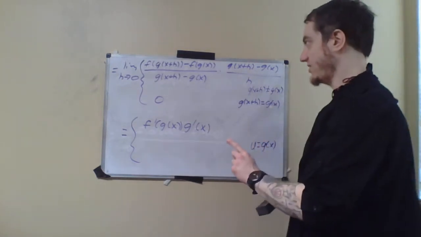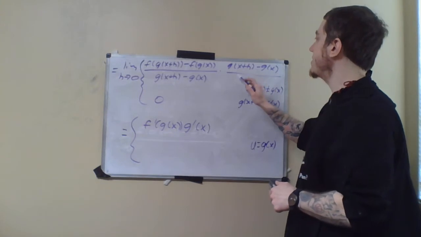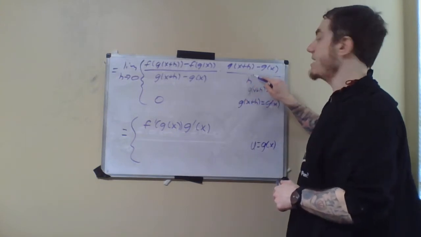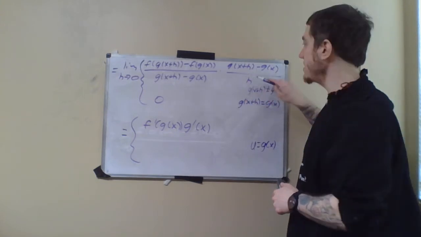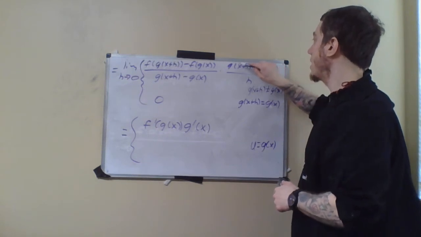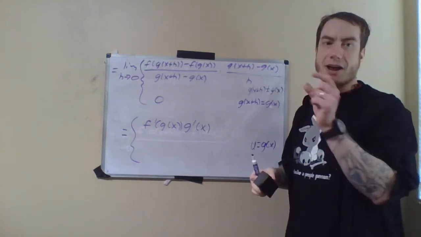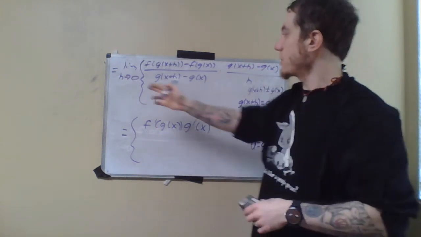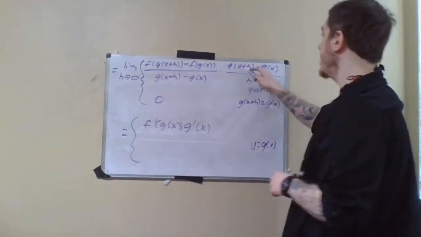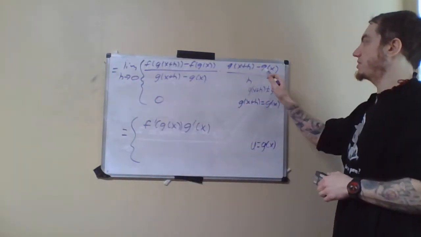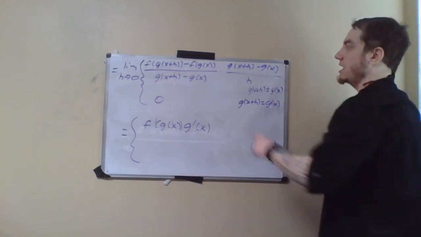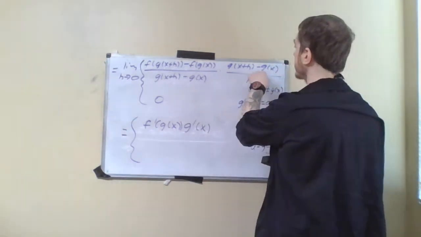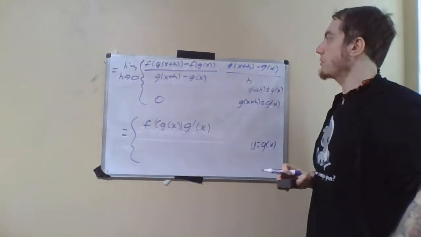In that case, that means that this limit has to go to 0, because it means that this numerator can always be made 0, no matter how small we take our region around h equals 0, this numerator will still be 0. But this limit exists. So if that is a problem, then this limit also has to be going to 0.